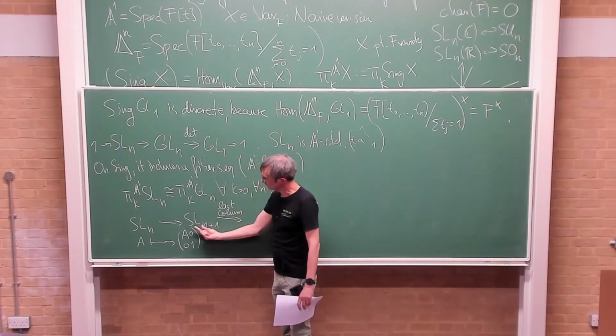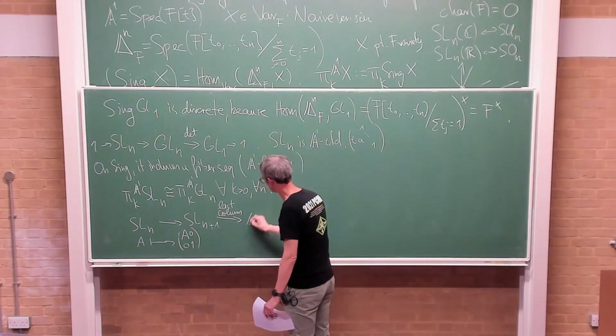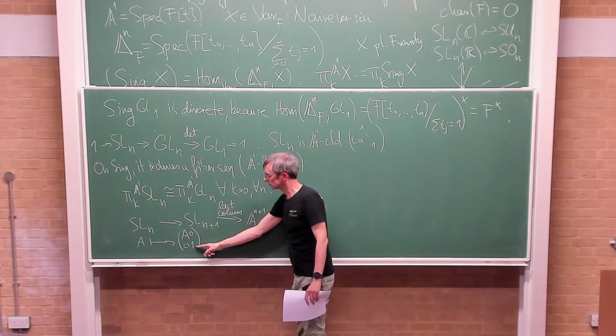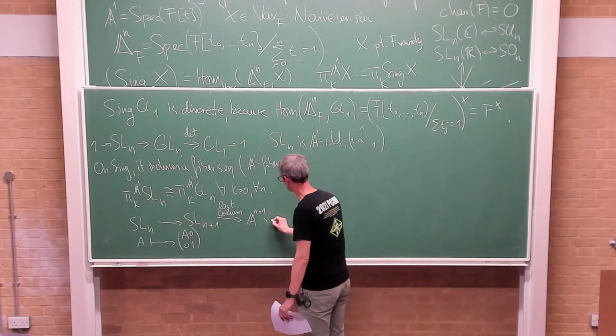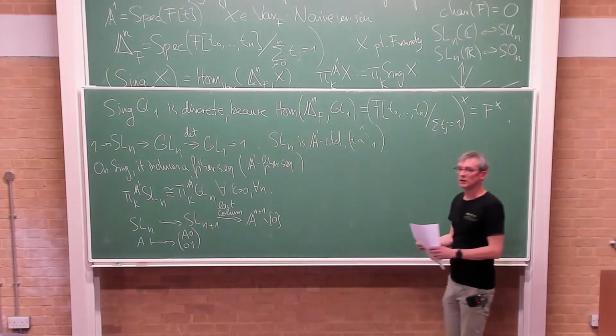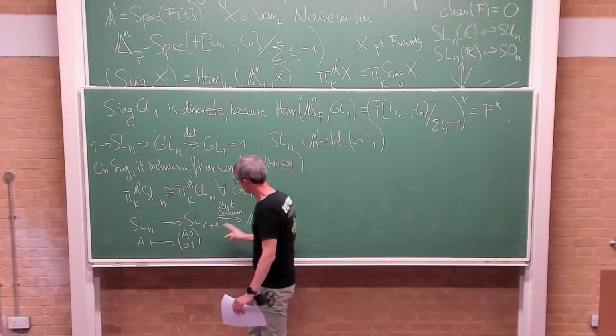Now, if you take the last column of an n plus 1 by n plus 1 matrix, it lands in A^(n+1). But you won't hit 0 if you start with a matrix which is invertible. So there is this inclusion here and this map.